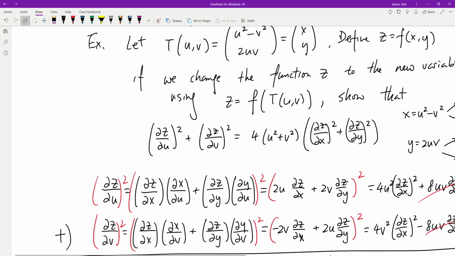Don't start with dz over dx and dz over dy, because you cannot use any chain rule there. To do the problem properly, you want to identify the composition, so you can identify which derivatives require the chain rule, then expand the chain rule and work your way to make it equal the other side.